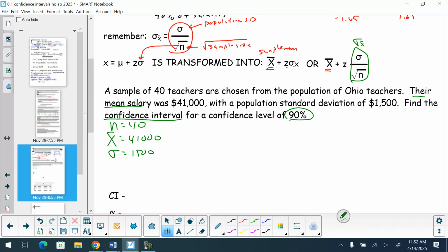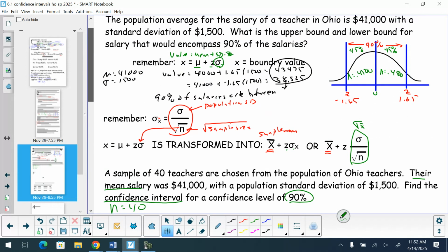So when we encompass 90% of the salaries, we're getting two boundary values. These up here were boundary values in regards to 90% of the salaries.